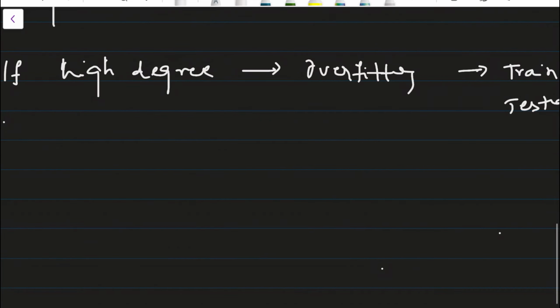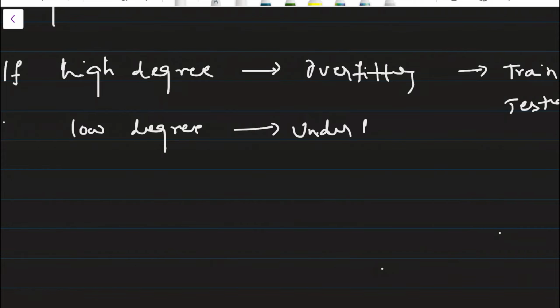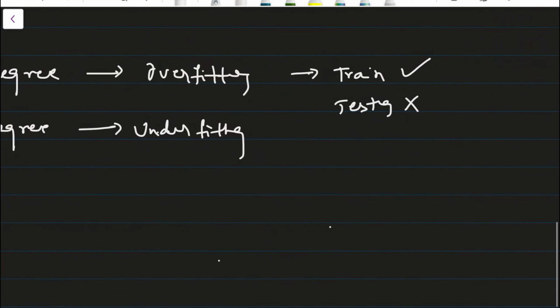If the degree is low, it underfits. Underfit means it does not perform well on training data as well as testing data.